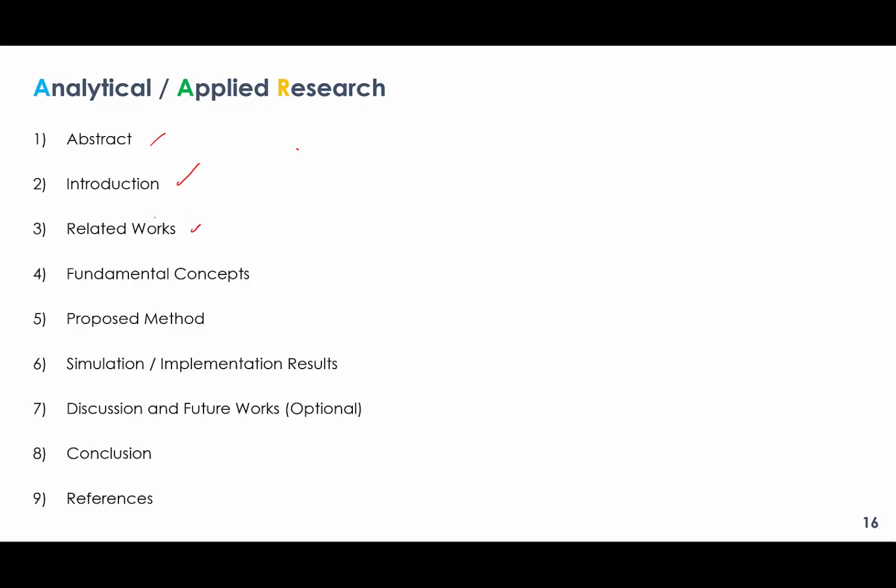It's very important to bring the related works because you want to show that you are following some related works, what the differences are between your method and similar works, okay? And also what your contributions are. Then you can bring some literature or fundamental concepts.